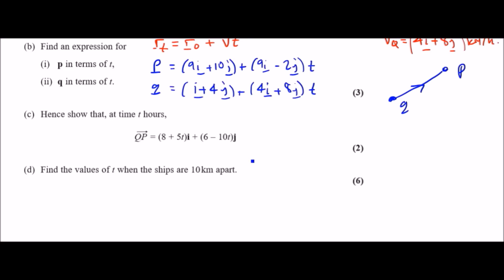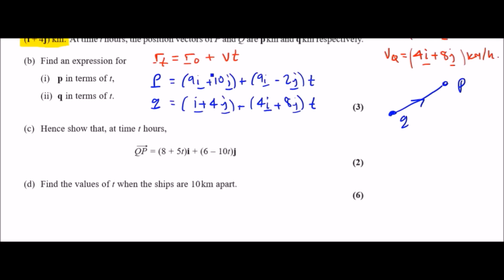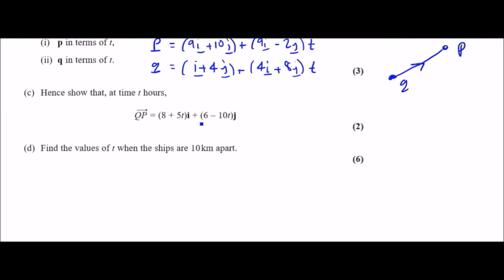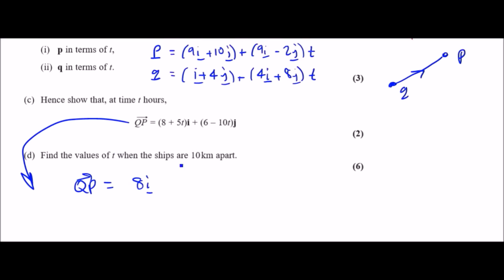Now let's try that actually. Let's find the difference. So subtracting these vectors across, what do we get? We've got 9i minus i, so this will give us 8i. So let's write it down here. We have QP. We're going to have 8i, good. 10 take away 4 is 6, so plus 6j.